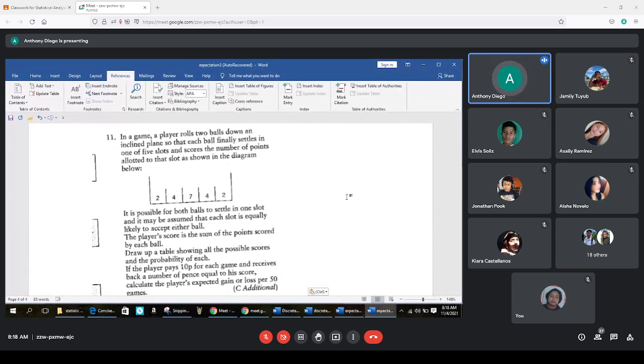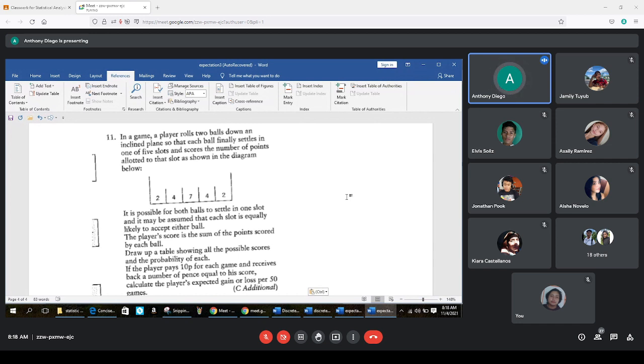It is possible for both balls to settle in one slot, and it may be assumed that each slot is equally likely to accept either ball. The player's score is the sum of the points scored by each ball. Draw up a table showing all the possible scores and the probability of each. If the player pays 10 pence for each game and receives back a number of pence equal to his score, calculate the player's expected gain or loss for 50 games.